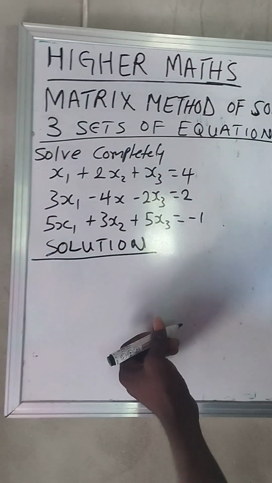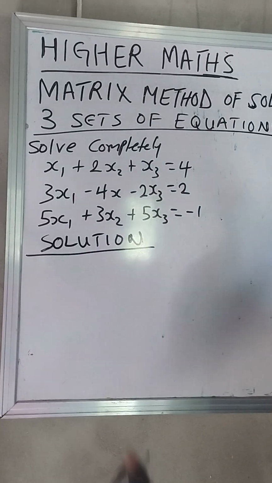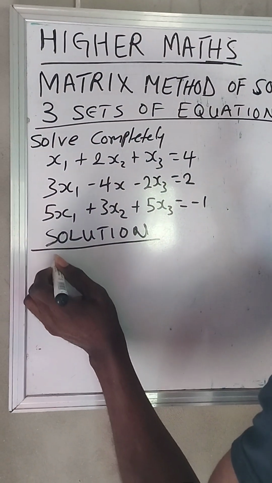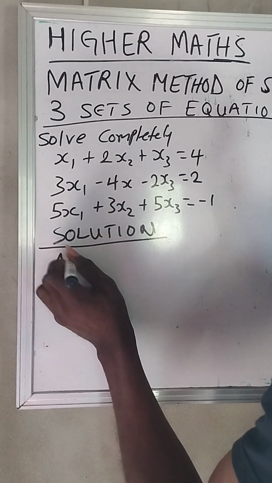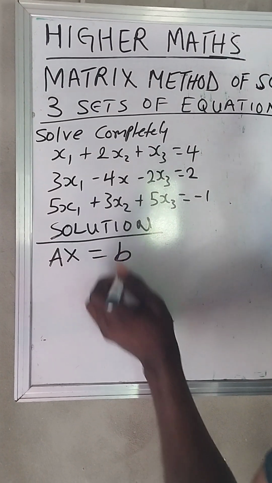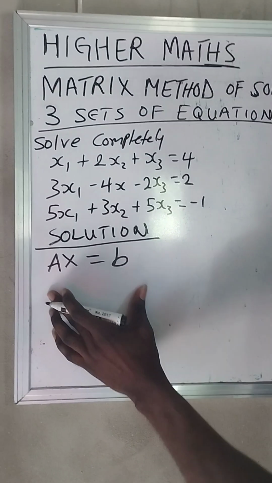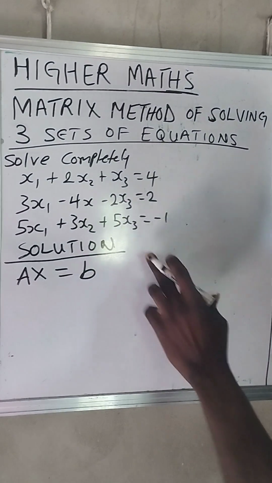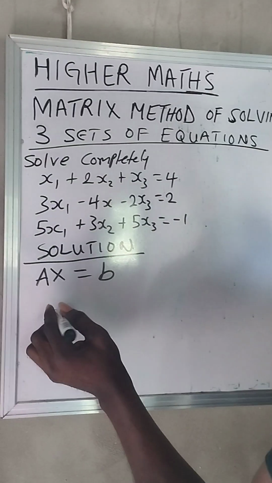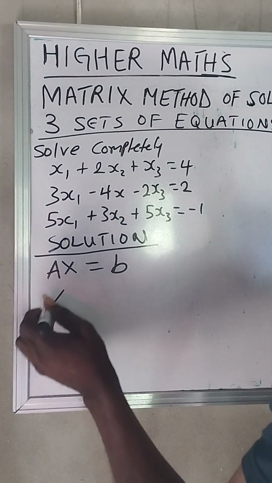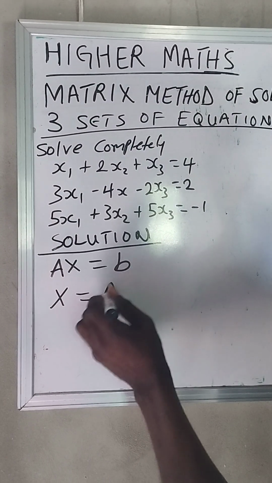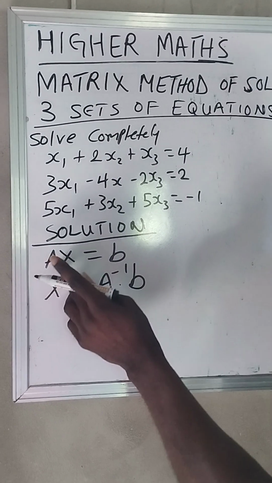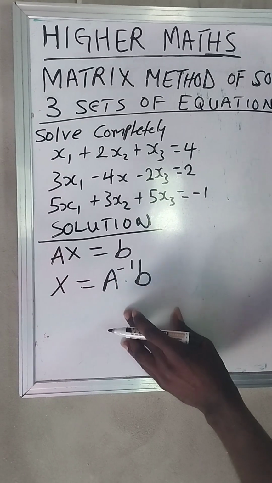The first step, after rewriting the question, is to write the problem using the formula AX equal to B. It's a standard acceptable formula we are going to be using to solve this equation, where X becomes A inverse multiplied by B. When you make X the subject of the formula, you have this.